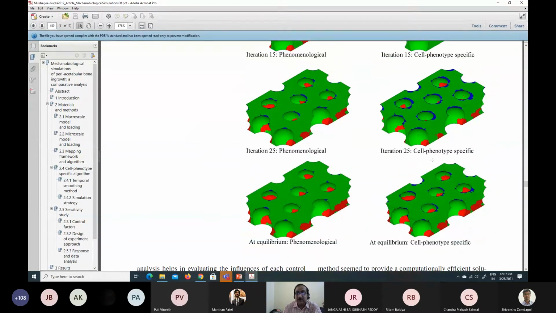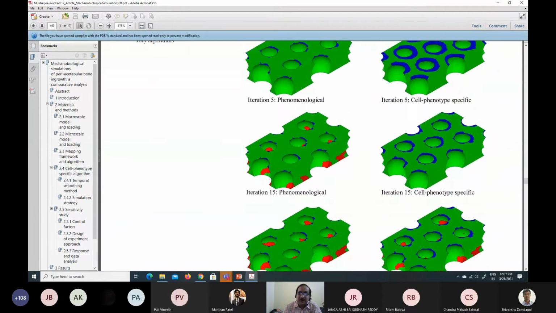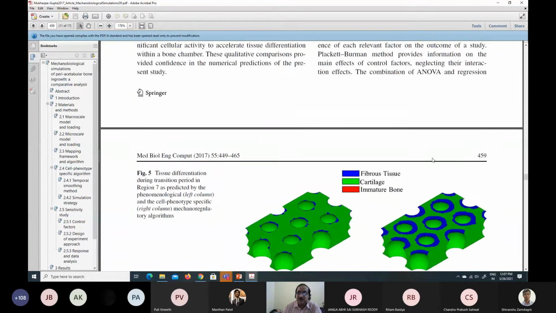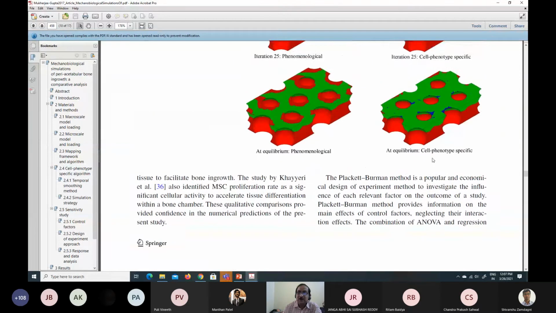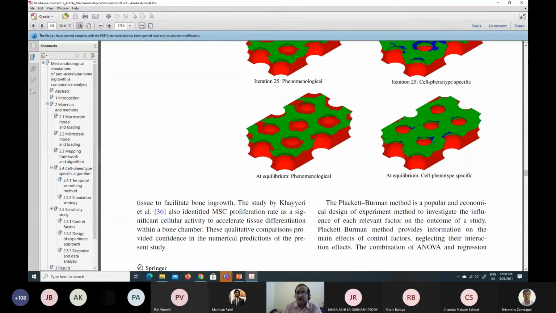Okay. So this will give you a feel for the necessity of this more elaborate, detailed cell phenotype simulation as compared to the simpler and computationally less heavy phenomenological simulation.